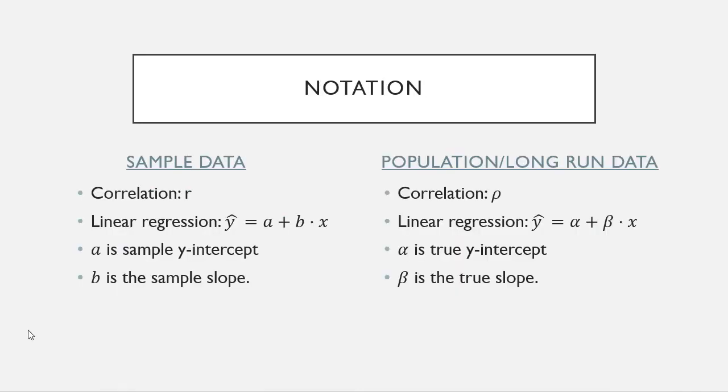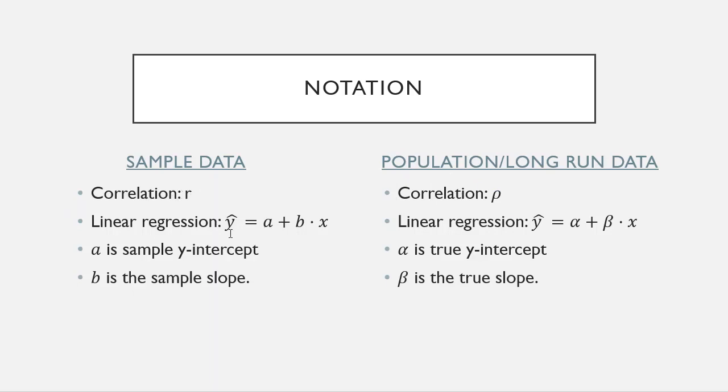In the notation, when we have sample data, the correlation is r. When we have population data, we talk about rho, which is the true long-run correlation. If you had the true population data, that would be the long-run correlation. In the sample, we just call it r for correlation.